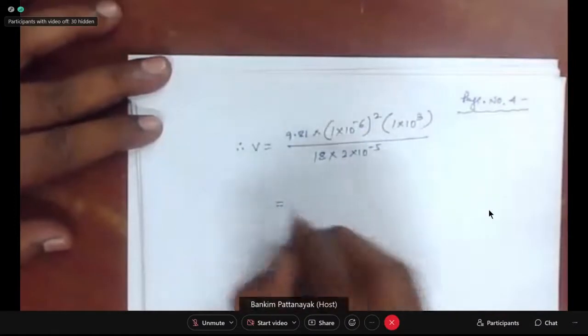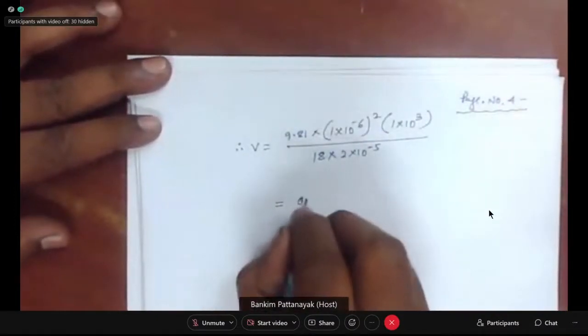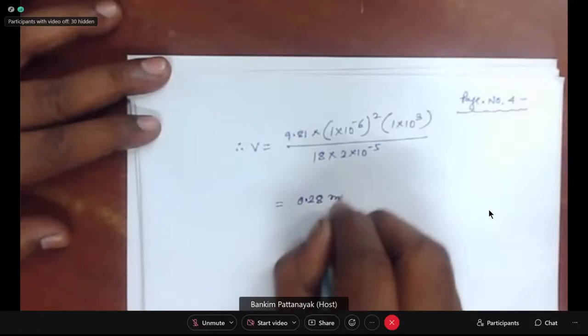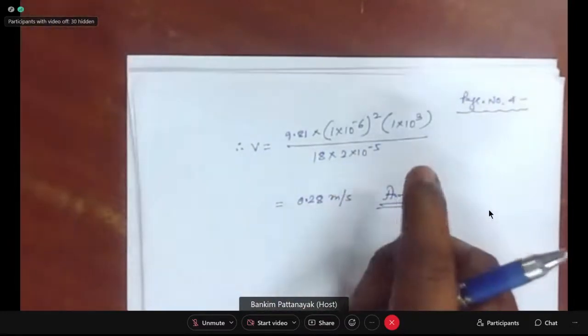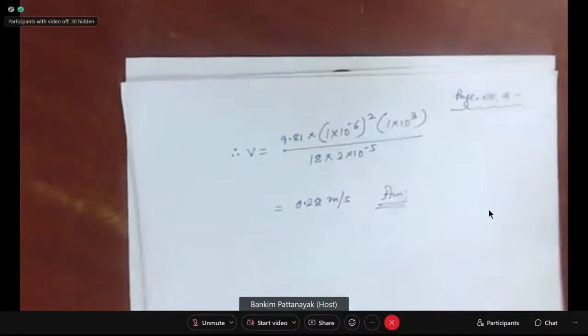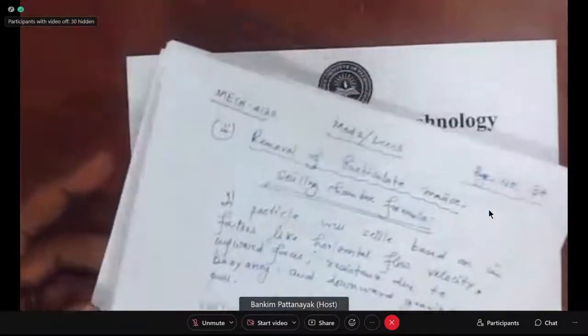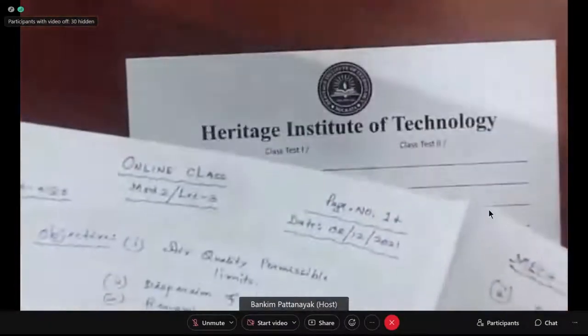So if you calculate, it will be 0.28 meter per second, the answer. You just put in the formula and get the result. You will not miss the problem. We shall give you straightforward ones so that you can solve them.